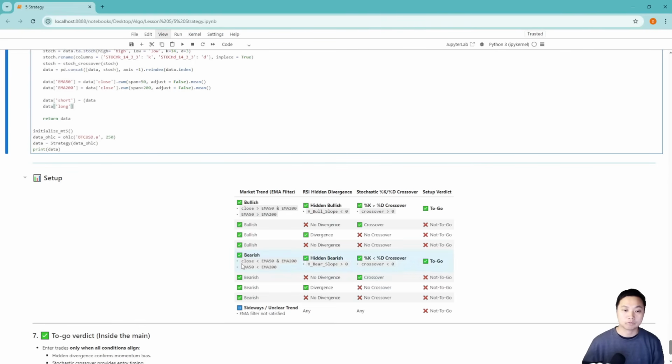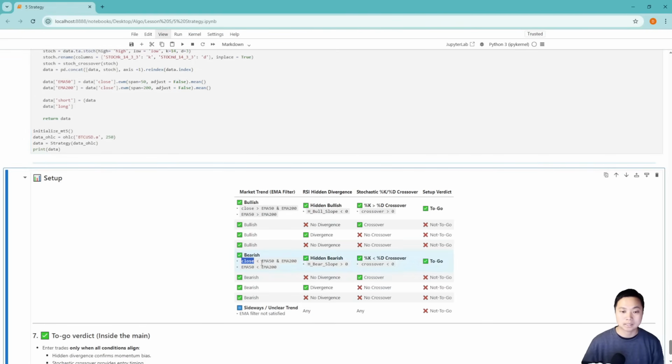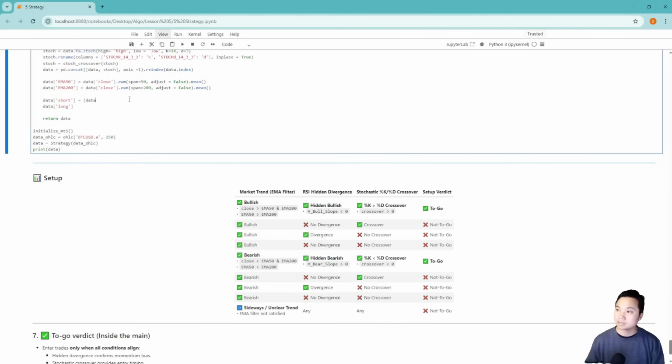On the other hand, if the closing price is less than the EMA 50 and the EMA 200, and at the same time the EMA 50 is less than the EMA 200, that is a bearish market, so you can only short the market. So that is the first condition: the closing price less than the EMA 50.